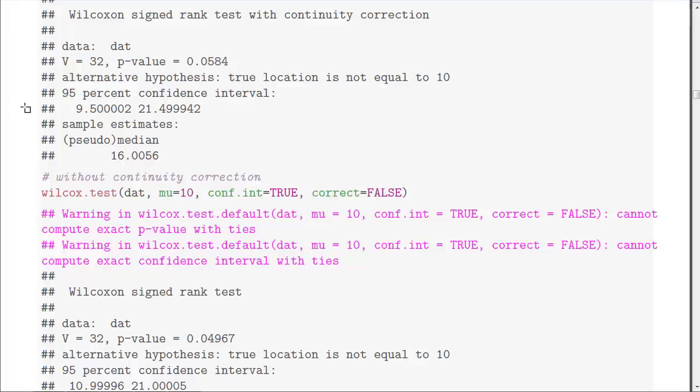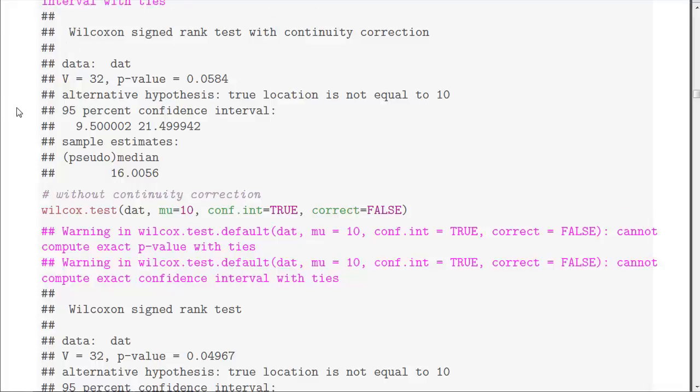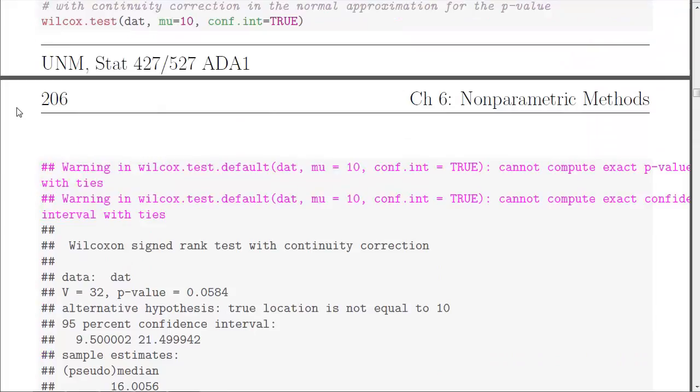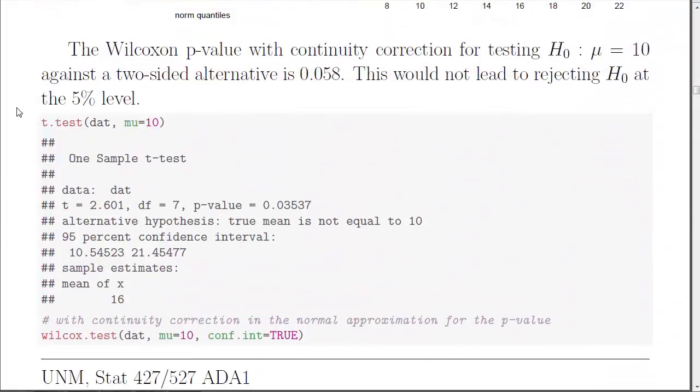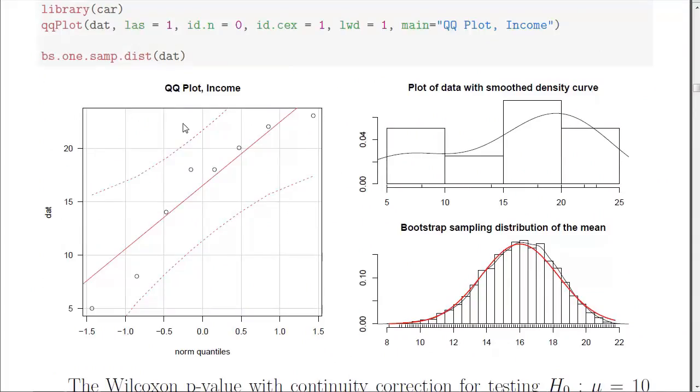Okay, so what decision should you make? My recommendation here is to think hard about what the model assumptions were. We assume normality with the t-test. Is that reasonably met or not?